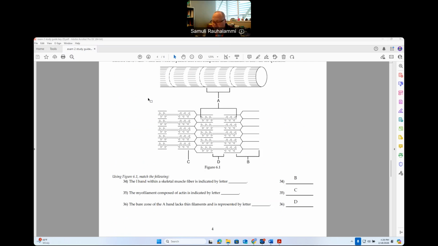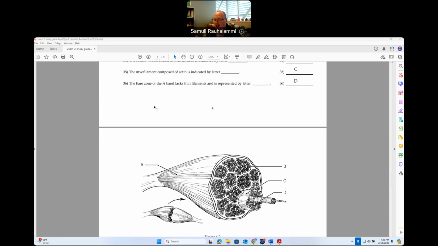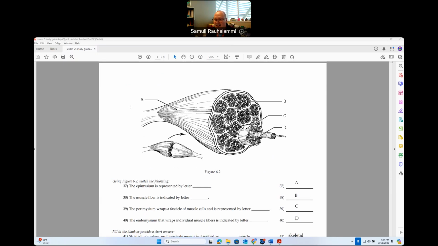And remember that muscle was packaged in structures of connective tissue as shown in this diagram. Epimysium is the outermost, the individual muscle fiber is shown as B, and perimysium wraps bundles of muscle fibers together, and endomysium wraps an individual muscle fiber.